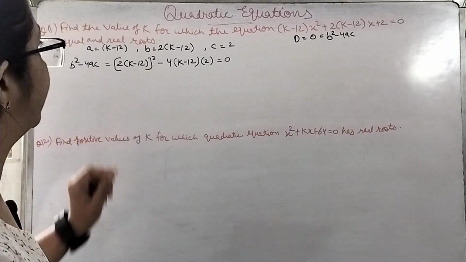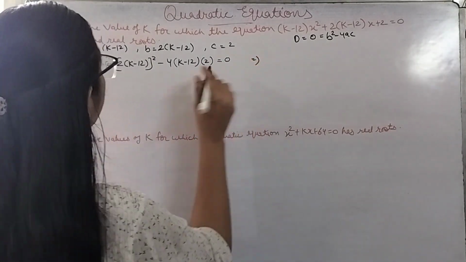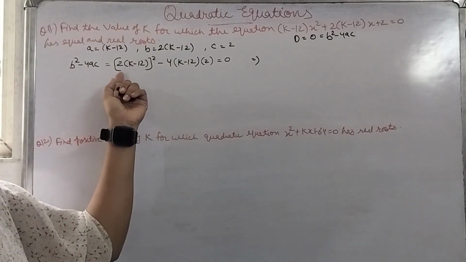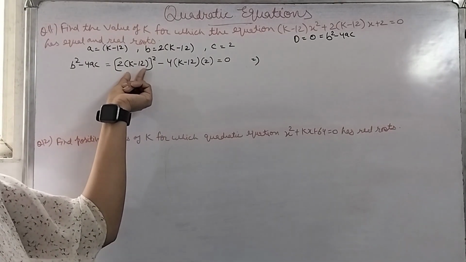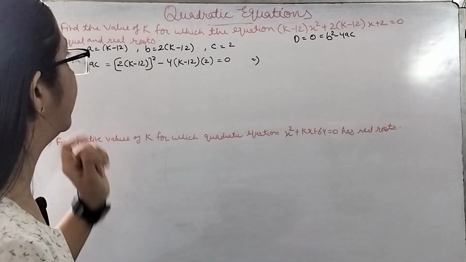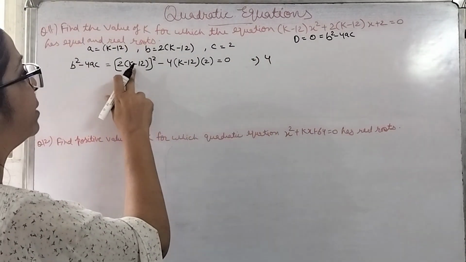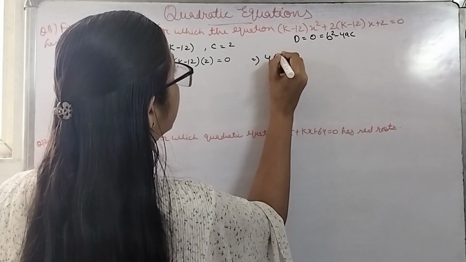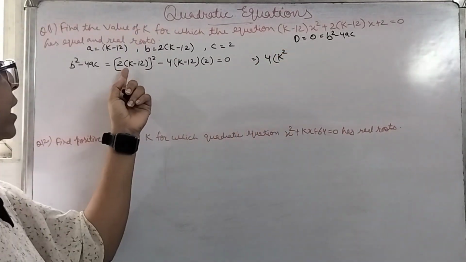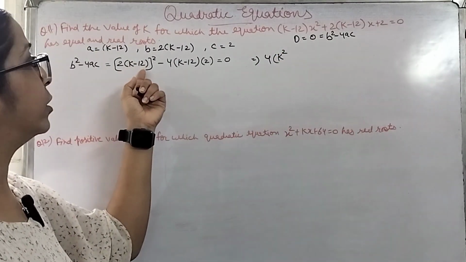Now if we solve it further, square of 2 will be 4 and the expansion will be (a minus b) whole square. So first of all I am taking this square of 2 as 4 and expanding this (a minus b) whole square. Over here a is your k and b is your 12.